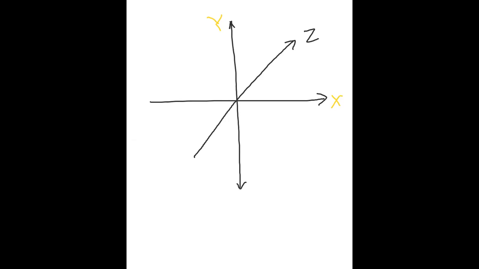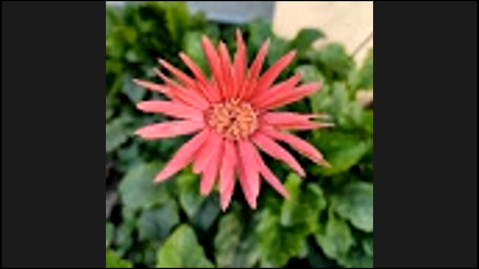Let me show you, that will be better. X-axis, another line is the y-axis, and this will be down the z-axis. So the roof will be the xy plane. Now this axis is the x-axis, this is y.